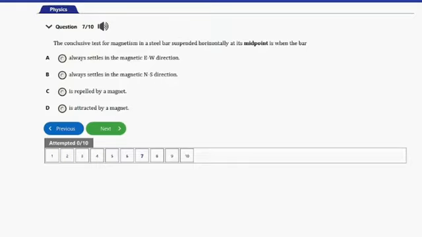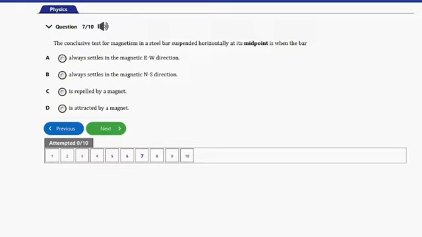It says, the conclusive test for magnetism in a steel bar suspended horizontally at its midpoint is when the bar A, always settles in the magnetic east-west direction. B, always settles in the magnetic north-south direction. C, is repelled by a magnet.